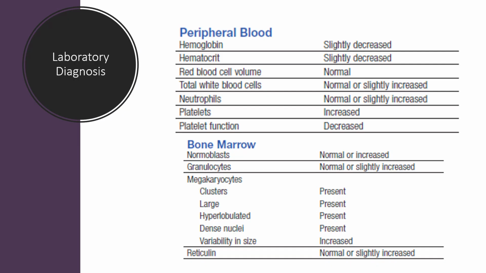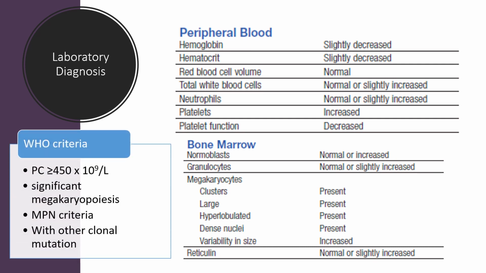The newest World Health Organization group now requires the documentation of 4 major criteria to establish a diagnosis of essential thrombocythemia. The World Health Organization needs a platelet count threshold of 450 or greater. That means the platelet count should be increased.